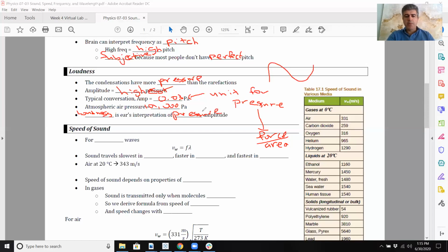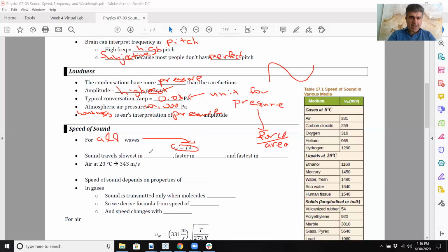The speed of sound we talked about was roughly 343, 344. So for all waves, the formula is this. We know this, right? Velocity equals frequency times wavelength.